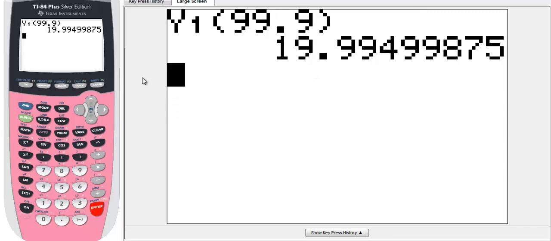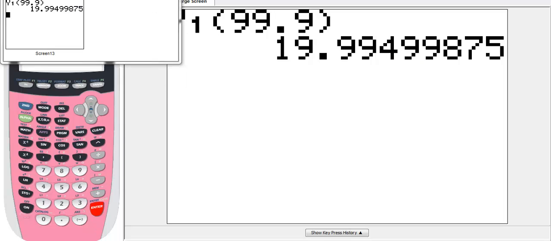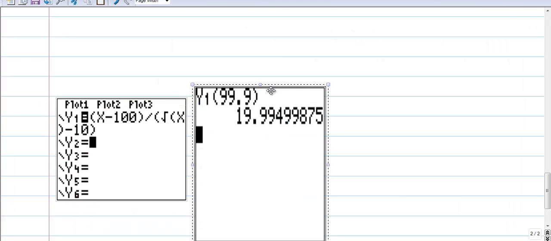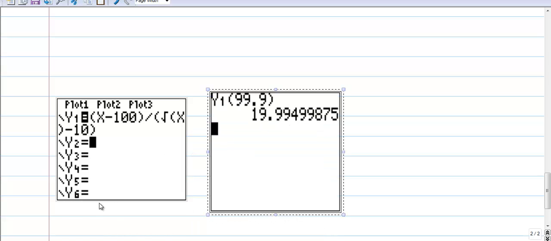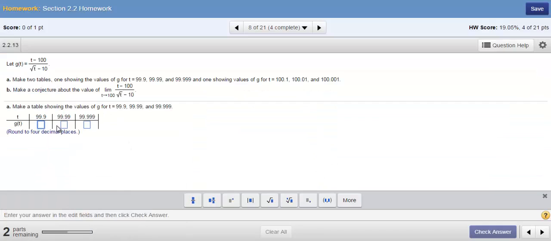If I round to 4 places, this 9 rounds it up, from that 9 to a 0 to a 5, so it'd be 19.9950.